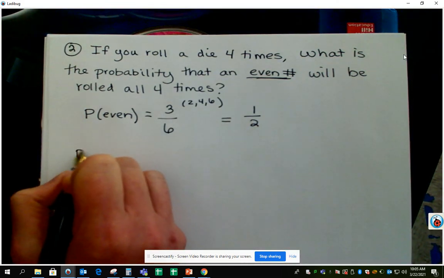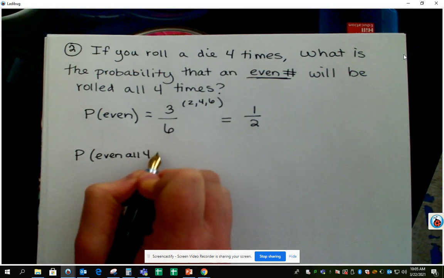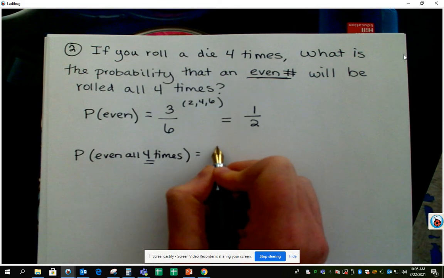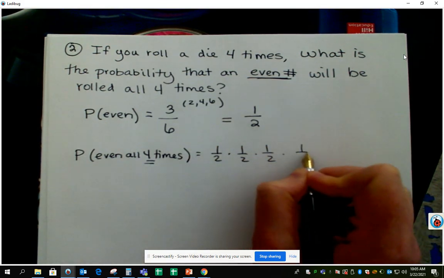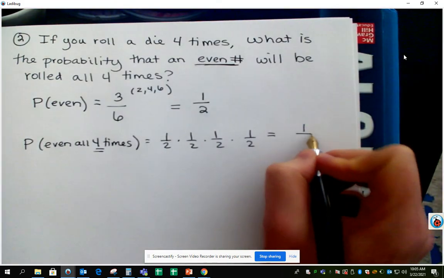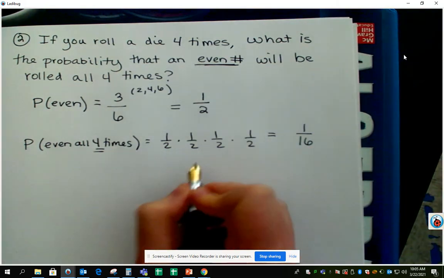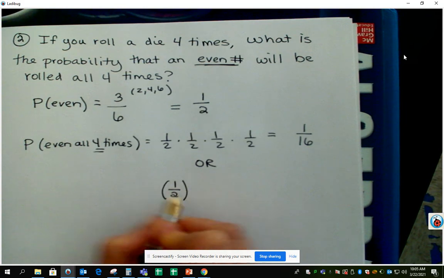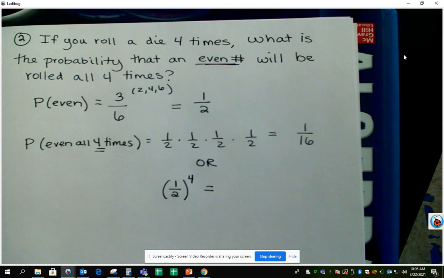So then the probability of even all 4 times is going to be 1 half times 1 half times 1 half times 1 half. That's the same thing as 1 over 2 times 2 times 2 times 2, which is 16. Or you could think of it as 1 half to the 4th power. And you get the same answer either way.